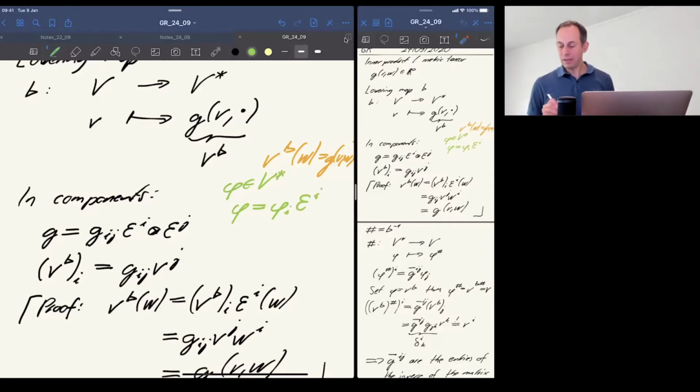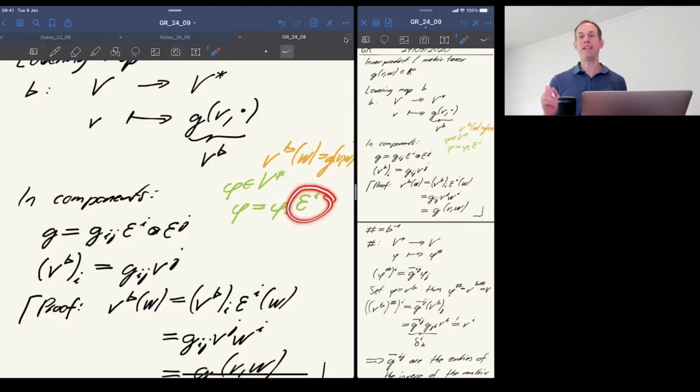So if I call it a lowering operation, you should understand that the lowering refers not to the basis elements, but to the coefficients. The new object, the phi, has now the coefficients with an index down. But you are absolutely right that the basis elements have indices upstairs.